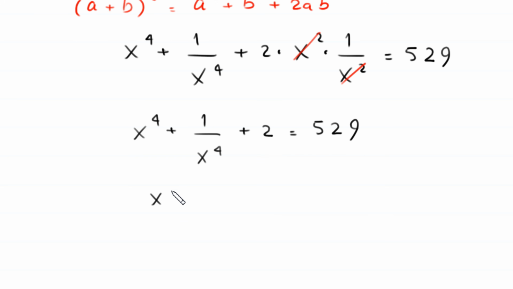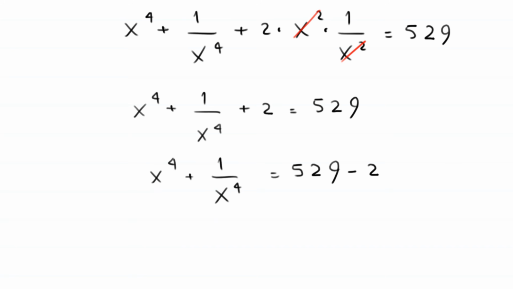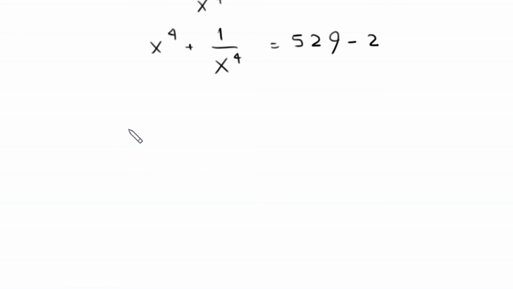This will become x to the power 4 plus 1 over x to the power 4 equal to 529 minus 2, which will become 527. Let's call this equation number 1.